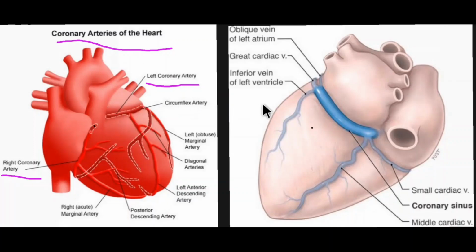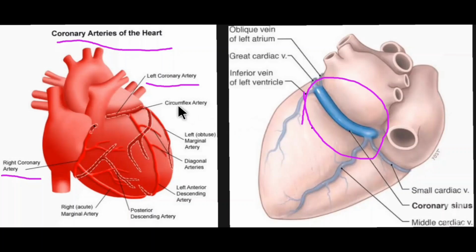Now you see in this diagram, this is a part only. This area is known as the coronary sinuses. The coronary sinus collects the deoxygenated blood from the heart muscles.